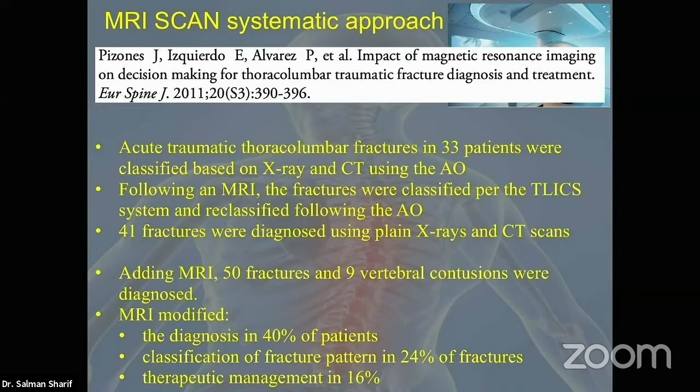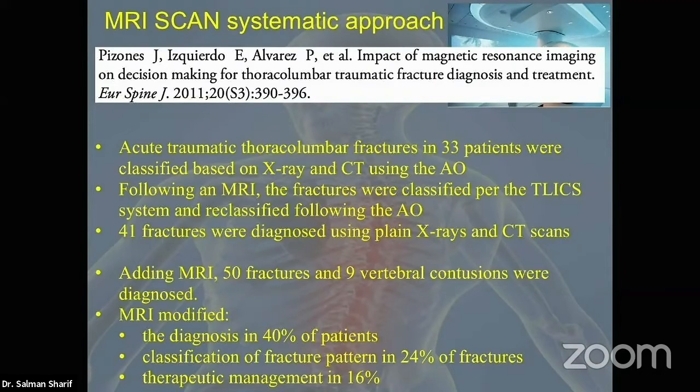These authors evaluated 33 patients with X-ray and CT scan, and graded them based on AO. They found 41 fractures with CT and X-ray. Adding MRI to the evaluation of the same 33 patients, they ended up discovering 50 fractures and 9 vertebral contusions.